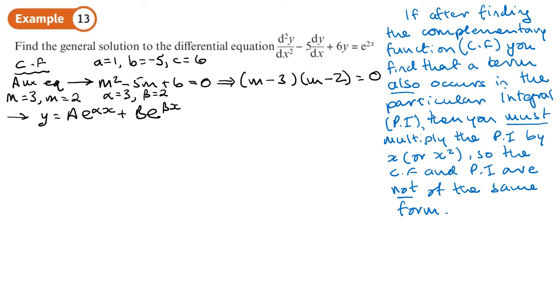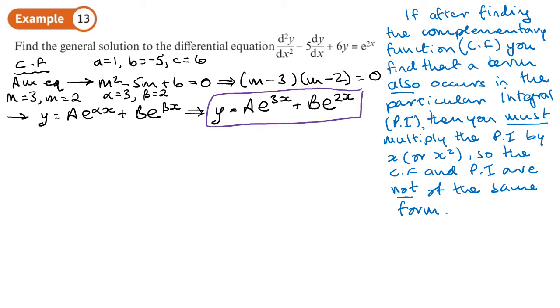Doesn't matter which way around. So I have my complementary function as y equals a e to the 3x plus b e to the 2x. I'll just highlight that.